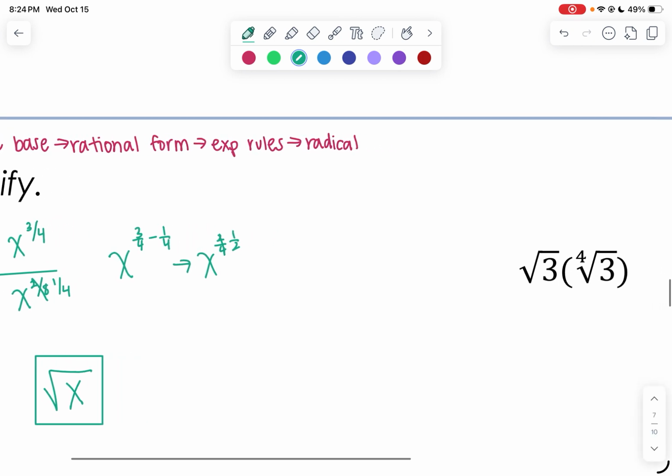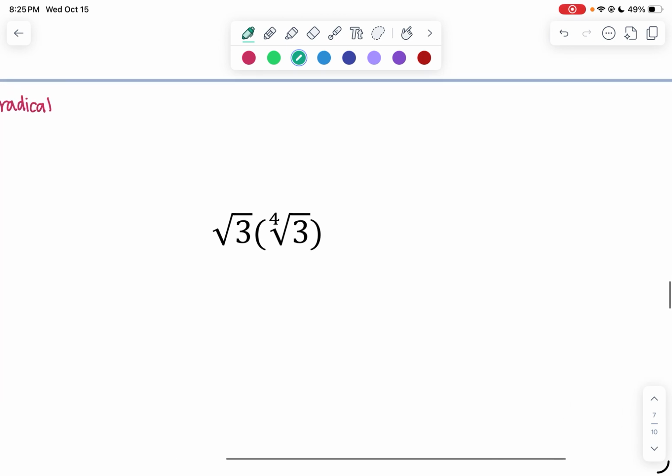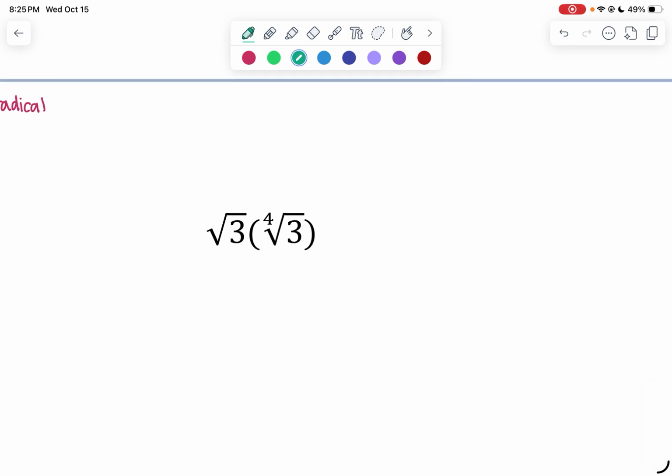So taking a look at this one over here, I'm going to go ahead and convert this to rational form. So this would be 3 to the 1/2 times 3 to the 1/4, okay? Same base, so I can add my exponents. So a half plus a fourth, so think of a half as 2/4, so a half plus a fourth would be 3/4.